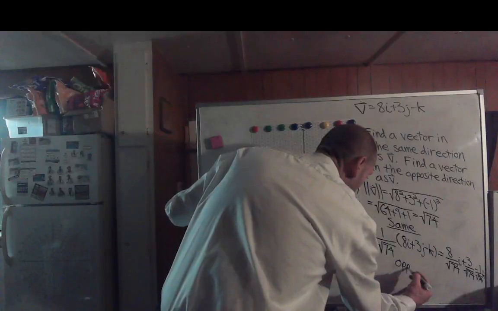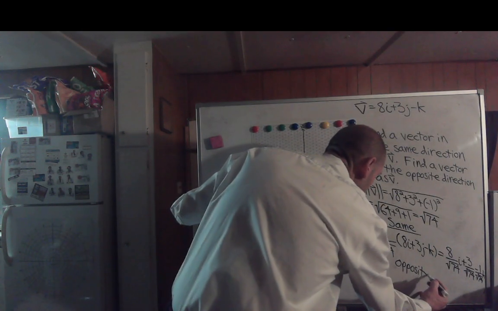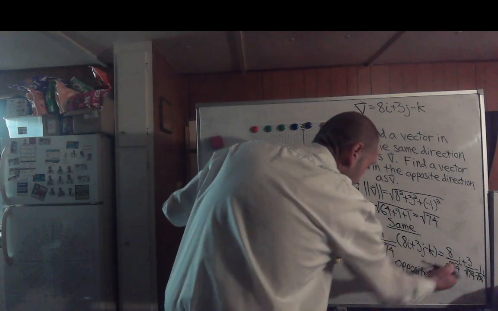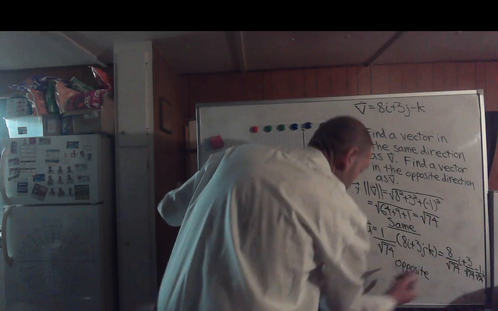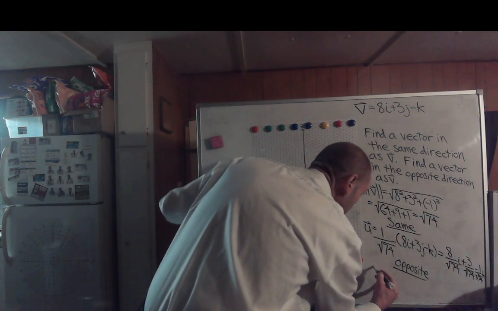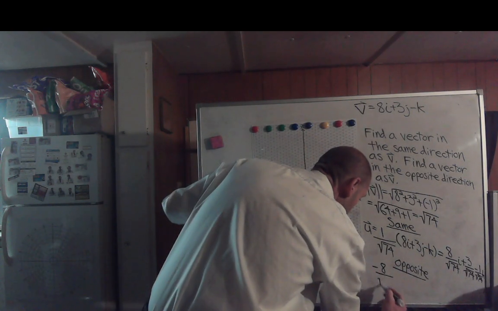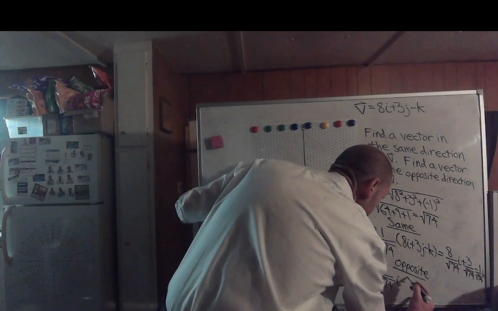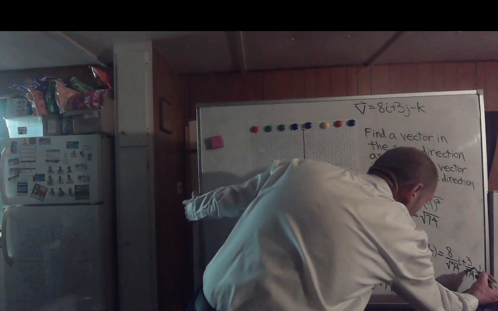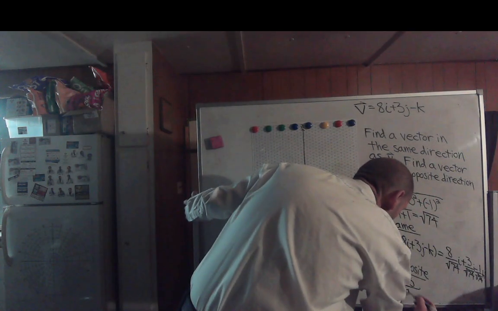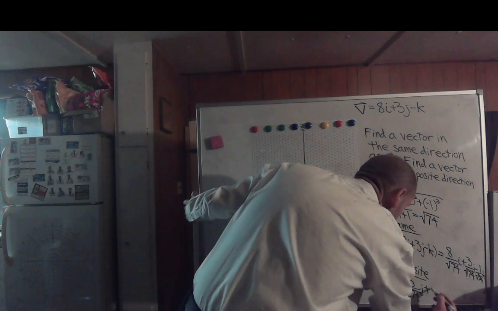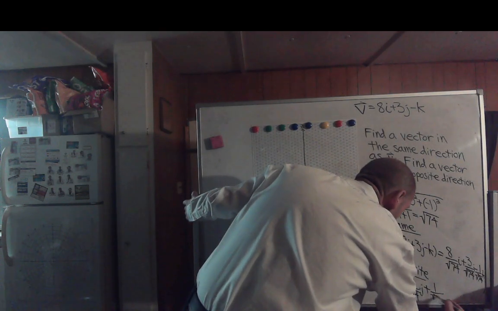And then if we want to find in the opposite direction, all I'm going to do is negate this. If I negate my unit vector, I'll end up getting negative 8 over the square root of 74 i minus 3 over the square root of 74 j plus 1 over the square root of 74 k.